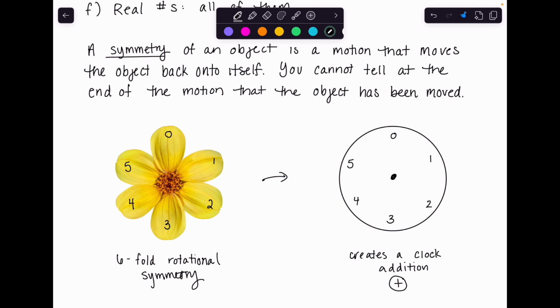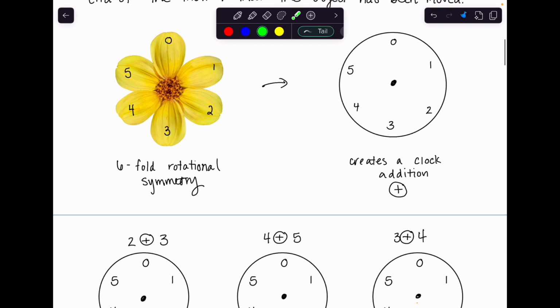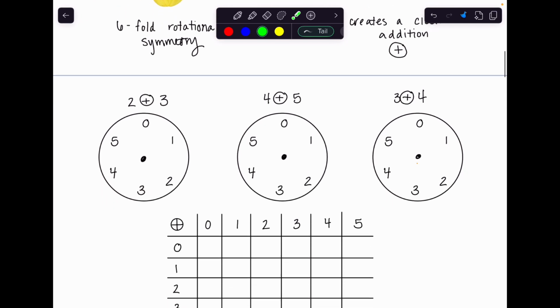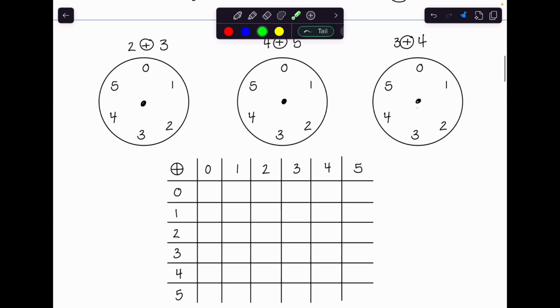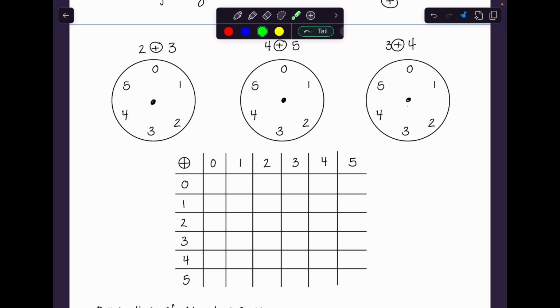So what I'm doing is if I'm adding 2 of these values together, it's still going to land me at one of these 6 numbers on my clock. So my result is always going to be a number between 0 and 5. So again, 6 petals, the biggest possibility you're going to have is 5. So we're going to do a couple examples with this, and then we'll end up creating a chart for our clock addition.